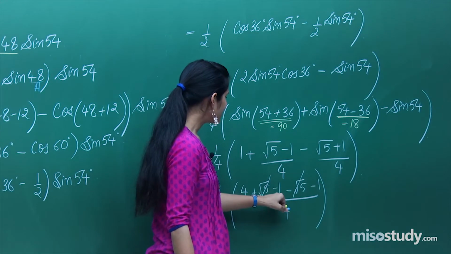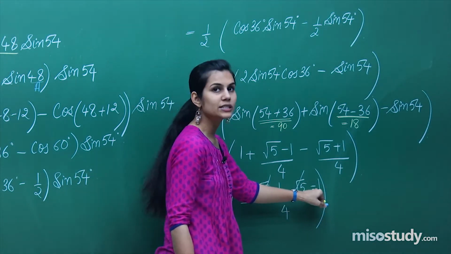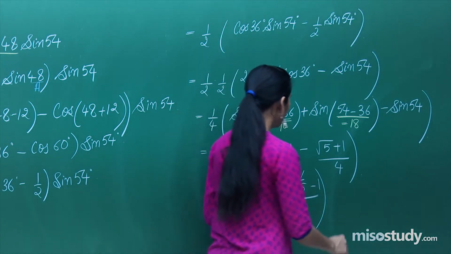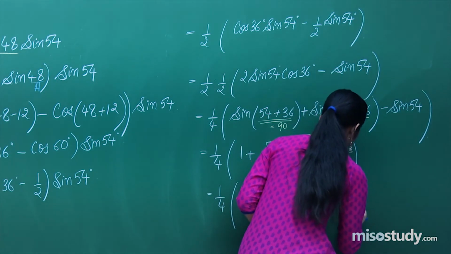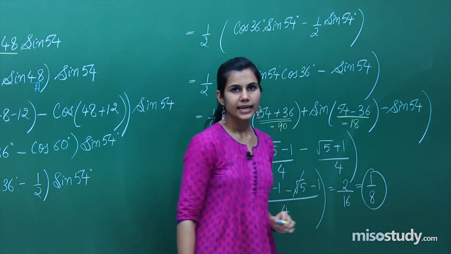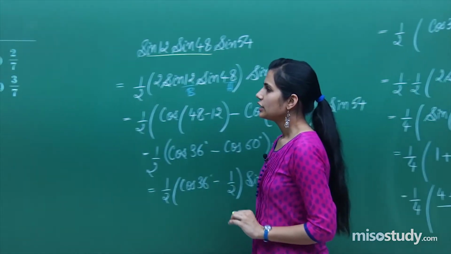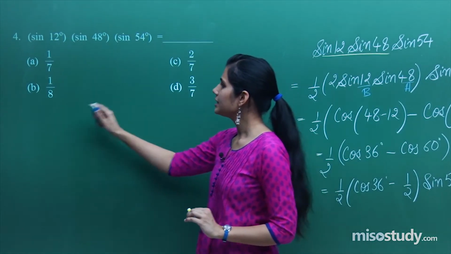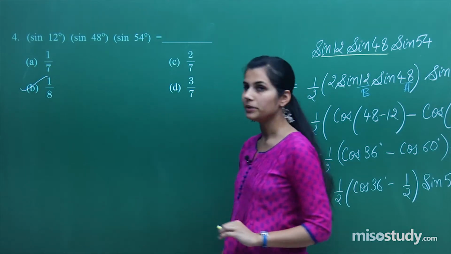You have 4 minus 1, that's 3, 3 minus 1, that's 2, 2 upon 4, or you get 2 upon 16, which is 1 upon 8. Let's search for the solution. You have 1 upon 8 sitting as option B, which happens to be correct.